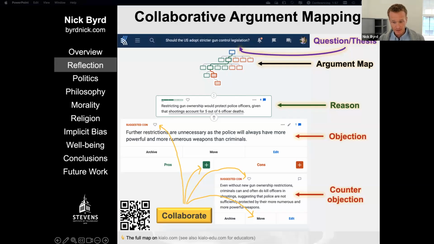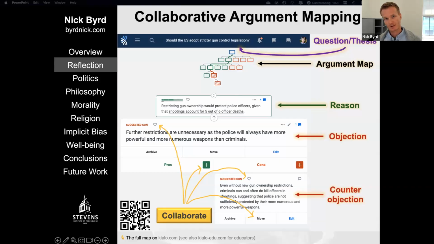And there are already websites, as I'm alluding to here, that allow people to do this in groups. So here's a website where I found an argument map where people had started mapping out reasons for and against gun control legislation in the US. I'm showing you a particular reason further down in the map about how restricting gun ownership would help protect police officers.